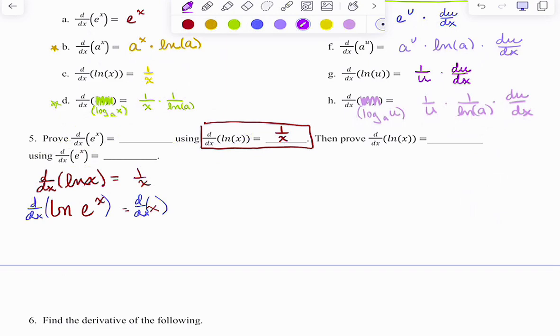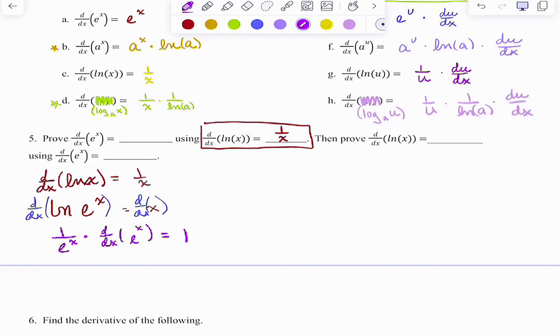So we know that the derivative of the natural log of something is going to equal 1 over that something times the derivative of the inside. And that all is going to equal 1. How are we feeling so far?